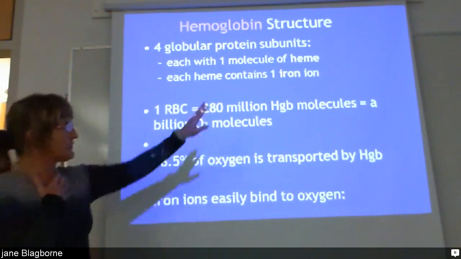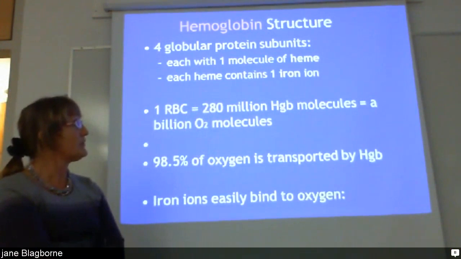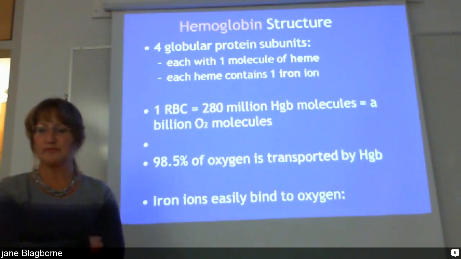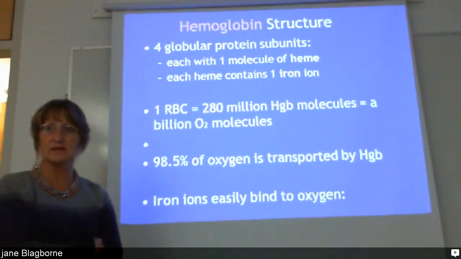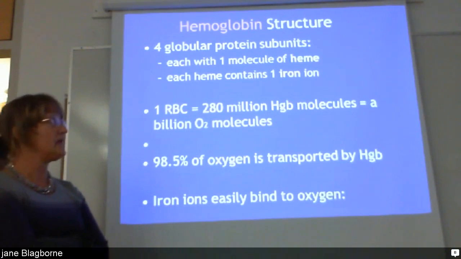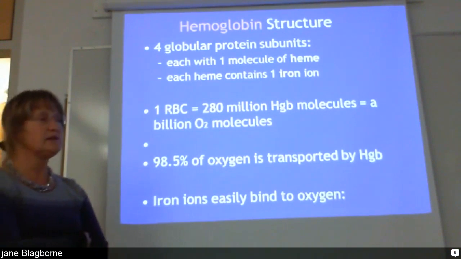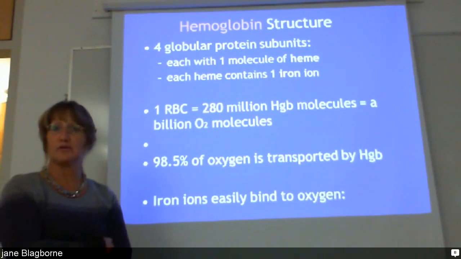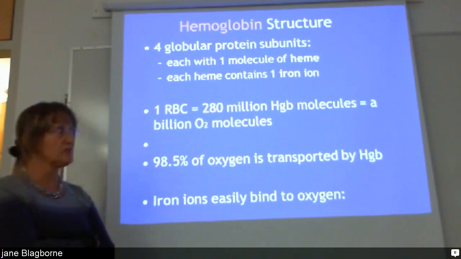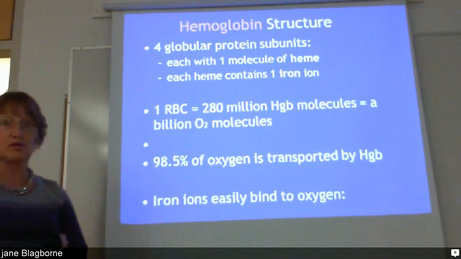The iron is very important because people who suffer from anemia usually don't have a lot of iron in their diet, or they may have been bleeding slowly, like women who have had a baby and have lost quite a bit of blood. The iron part of their blood is low.